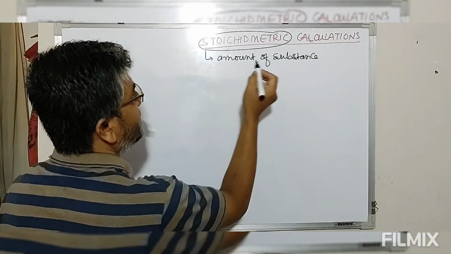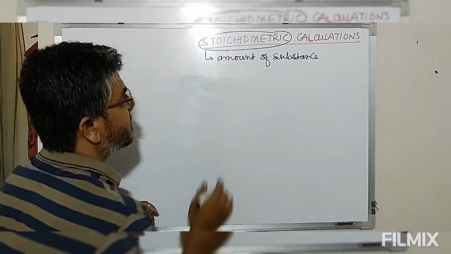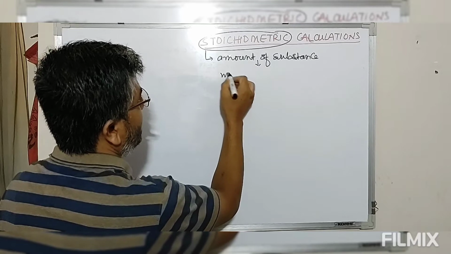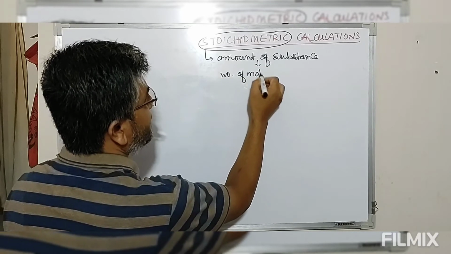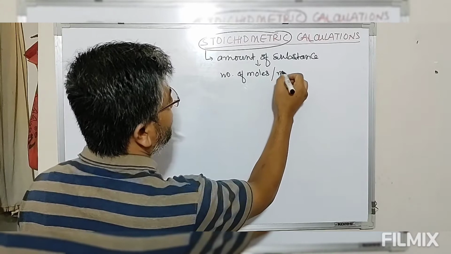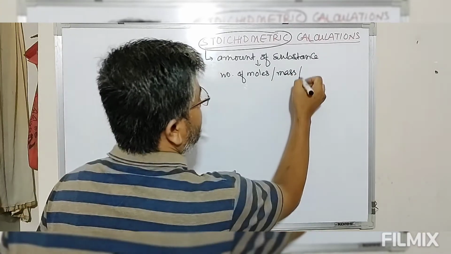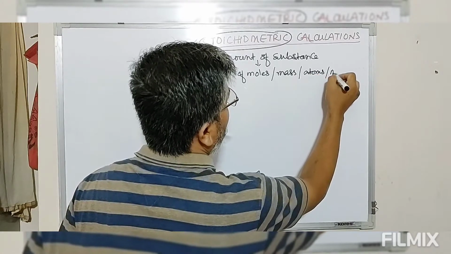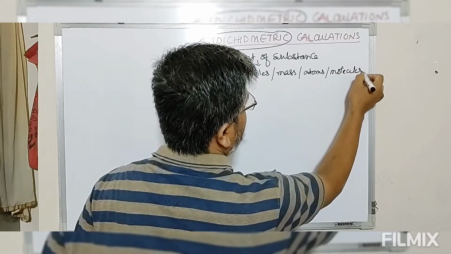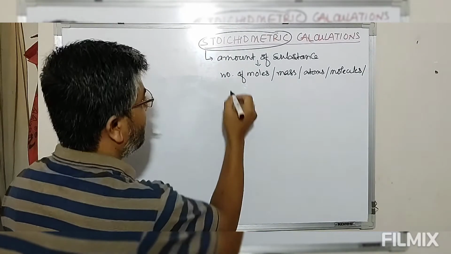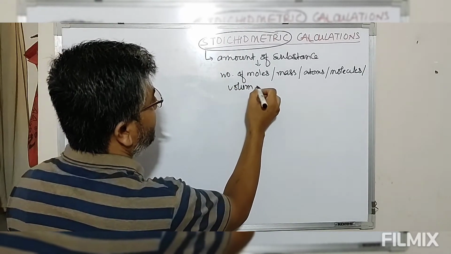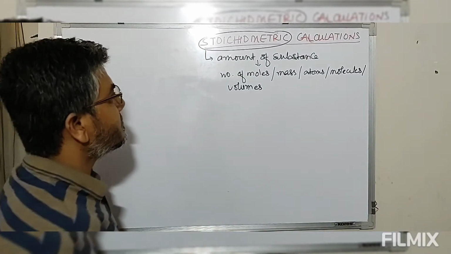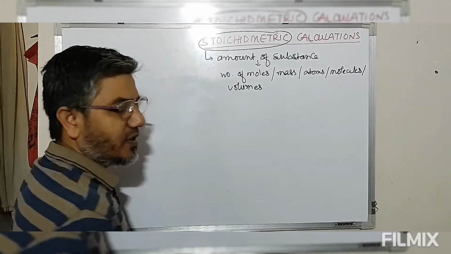This amount of the given substance may be in terms of number of moles, mass, number of atoms or molecules, or volume if gases are involved. And along with this we have to find the percentage.